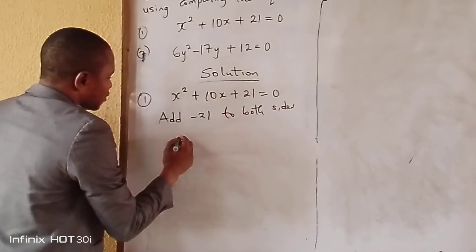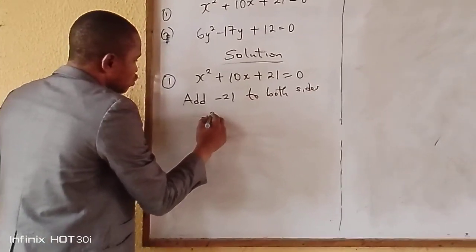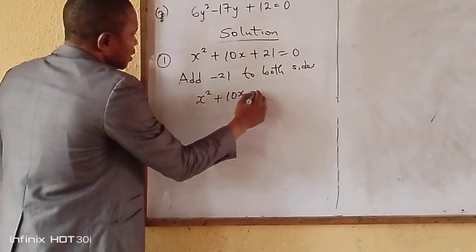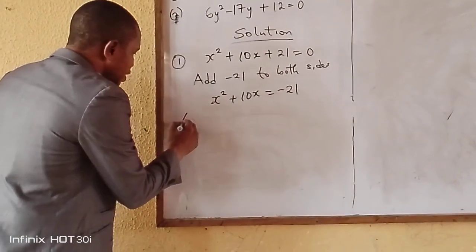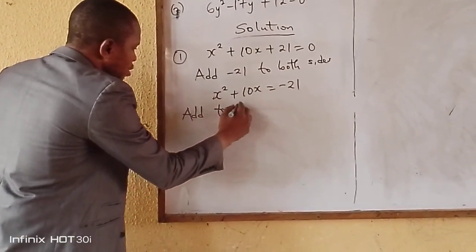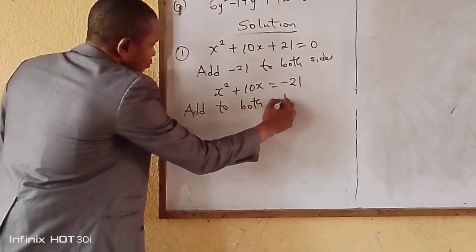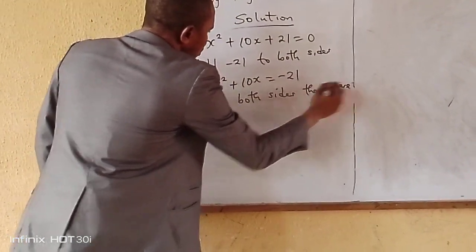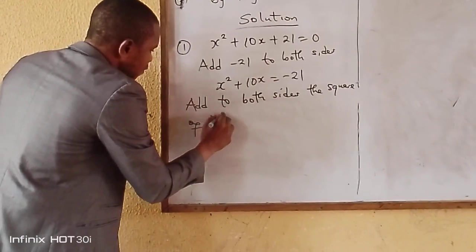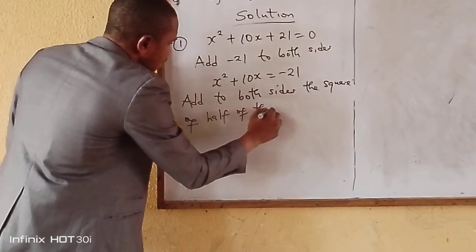By the time we have added minus 21 to both sides, we are going to have s squared plus 10s is equal to minus 21. Then the next step is to add to both sides the square of half of the coefficient of s.